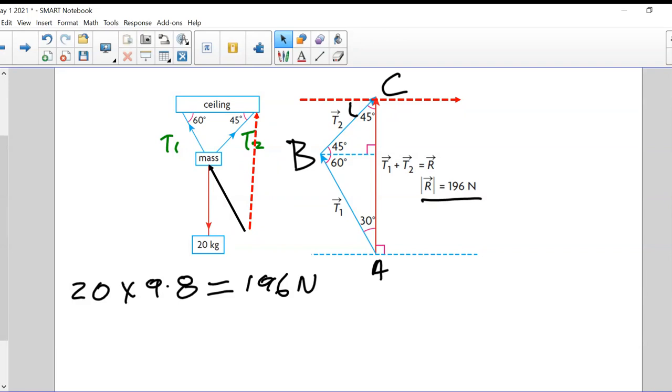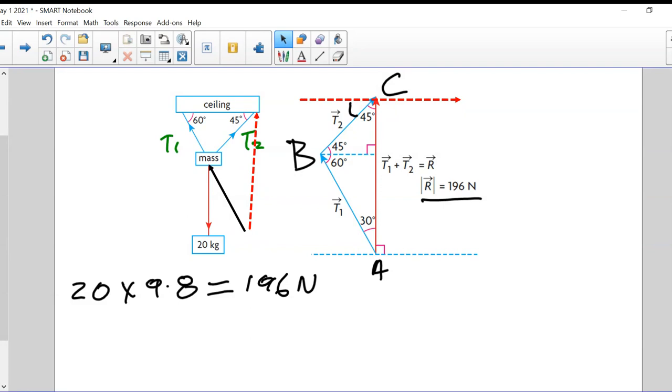Can you give me a suggestion as to how I could find, based on trigonometry tools that you learned in grade 10, the size of T1? Because the size of T1 is my force vector, and I need to know its magnitude. Okay, so can you tell me, please, anybody? What am I going to use?